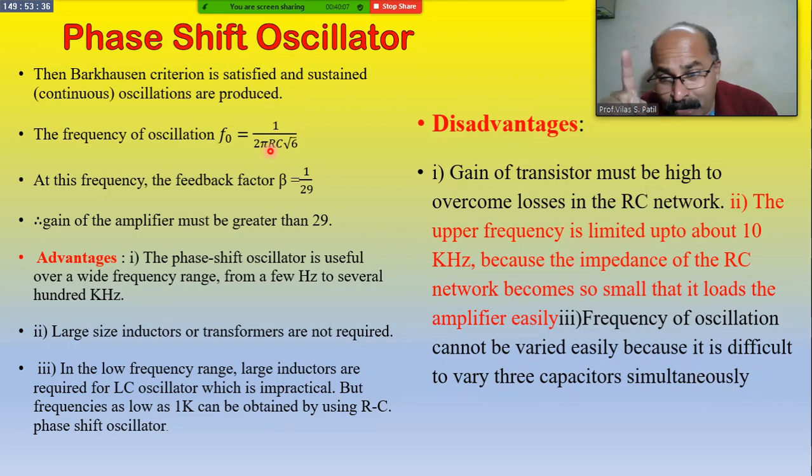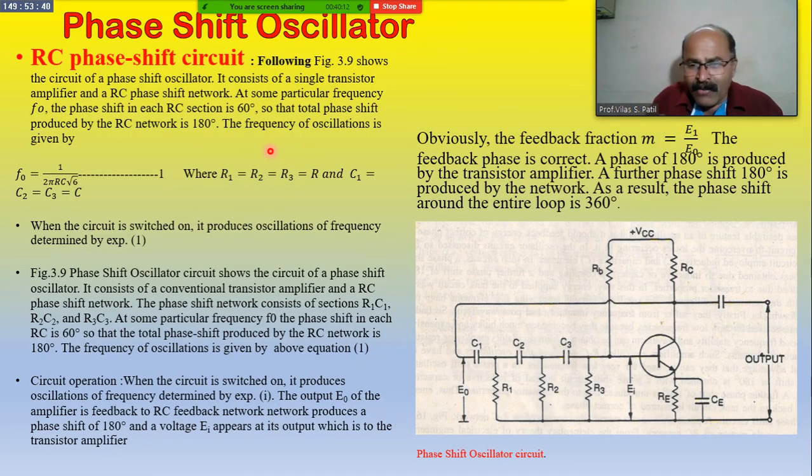But there is one difficulty. Go to the previous slide. This is the circuit, the ladder network, and in the ladder network three networks are used: R1 C1, R2 C2, R3 C3.